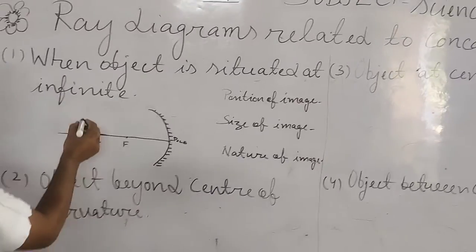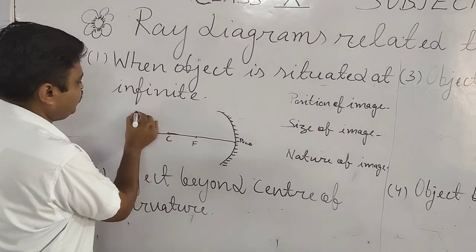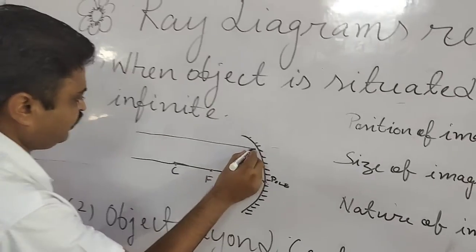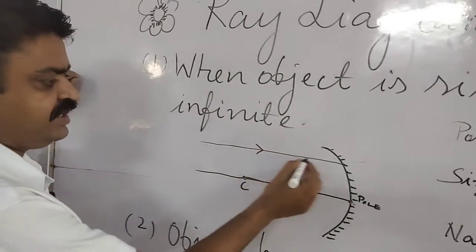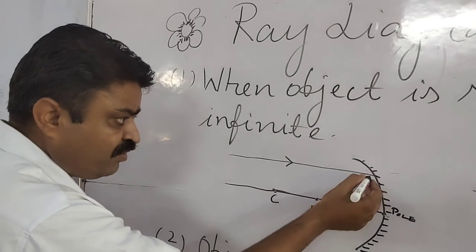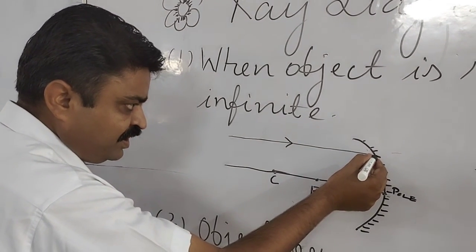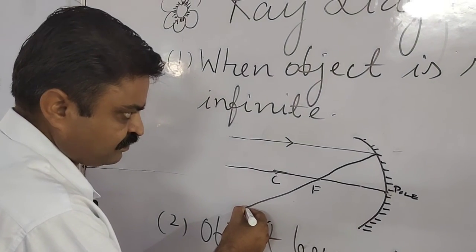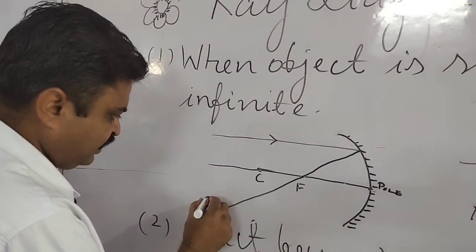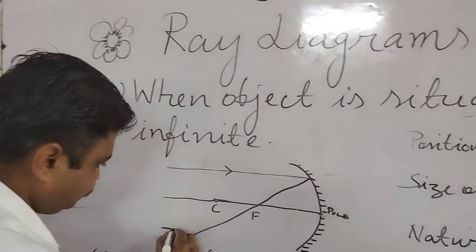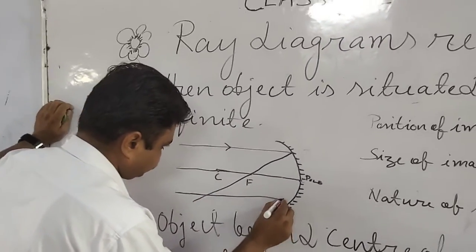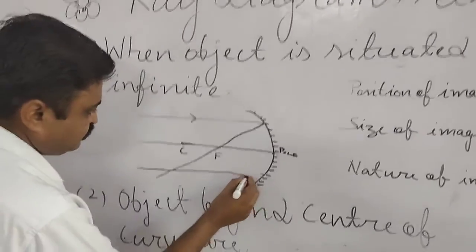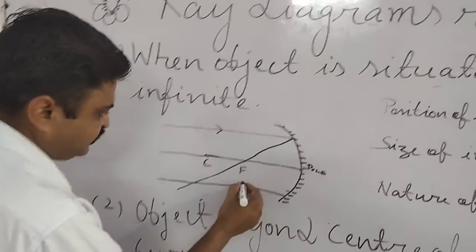Now we draw a line parallel to the principal axis as the incident ray. It is the incident ray. From here it will be reflected through the principal axis. Now another line we will draw parallel to the principal axis, just below the principal axis.